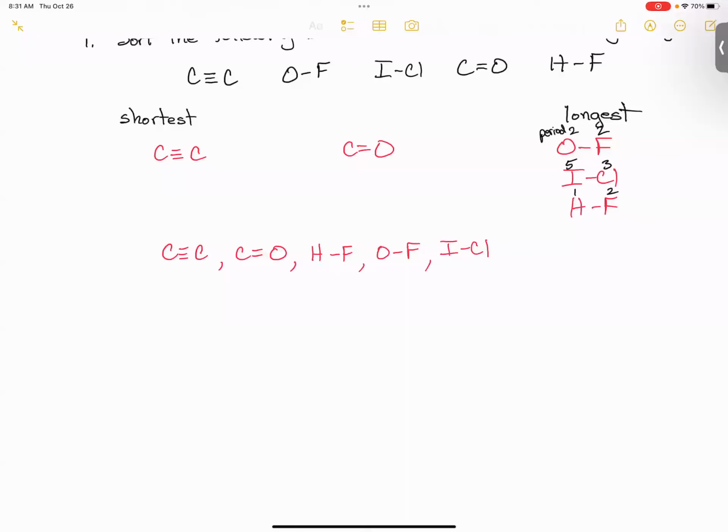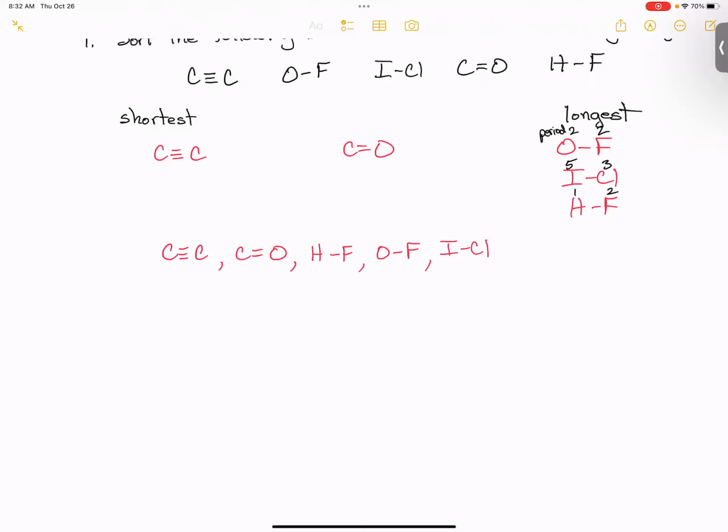Questions? Again, I sorted by type of bond first. That's the most important. But I had 3 single bonds, so I then had to sort out those 3 single bonds by atomic size.